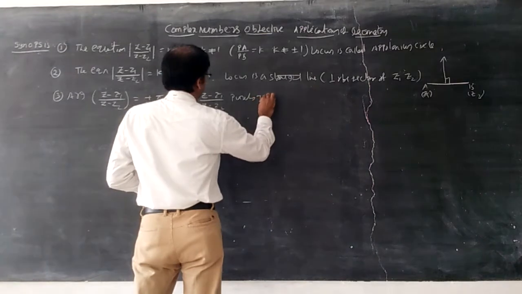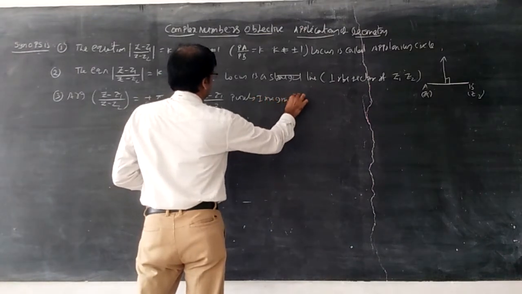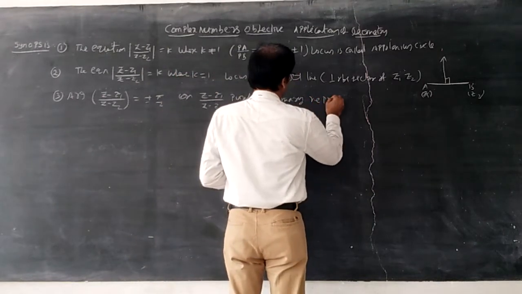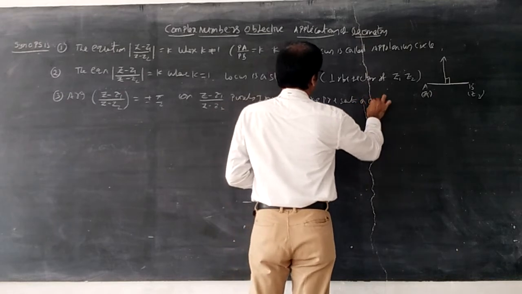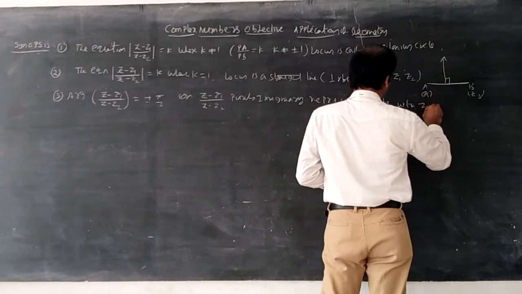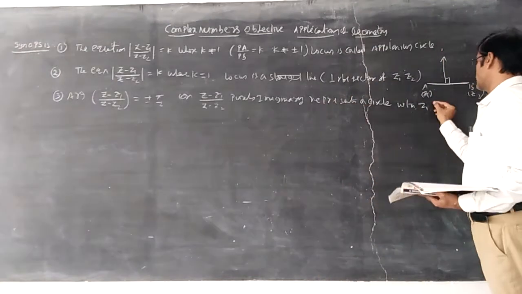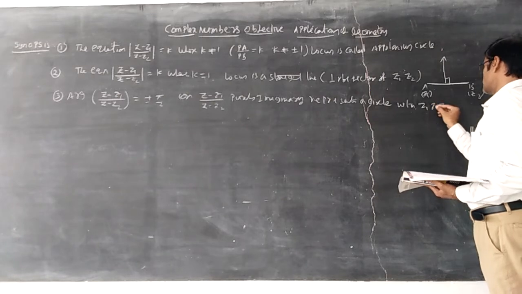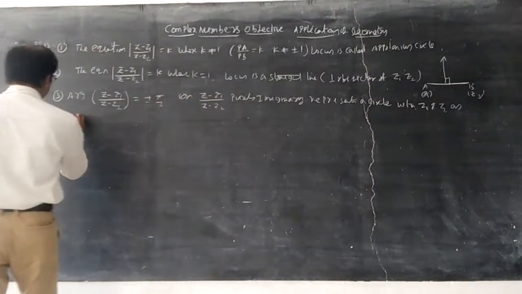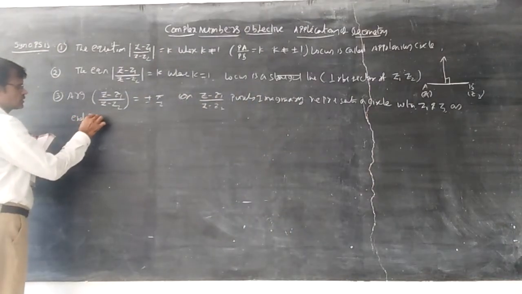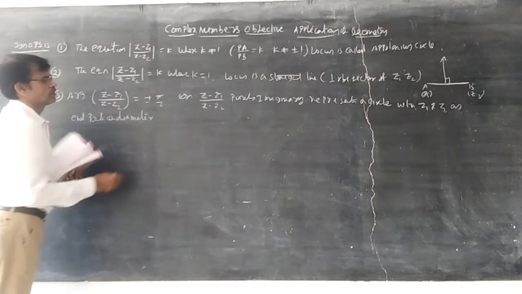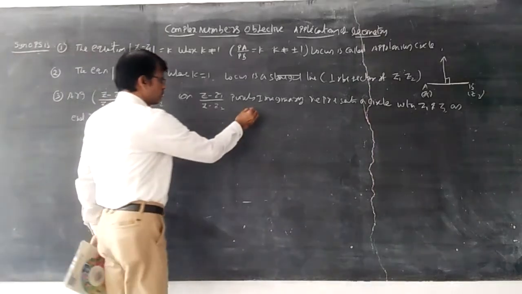Purely imaginary represents a circle with z1, z2 as diameter, that is, z1 and z2 as end points of the diameter.